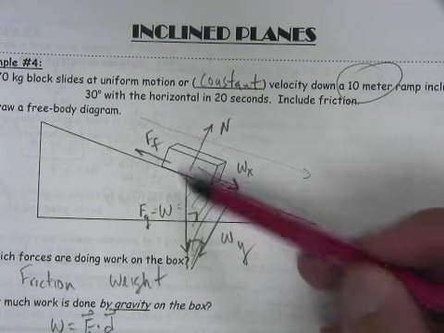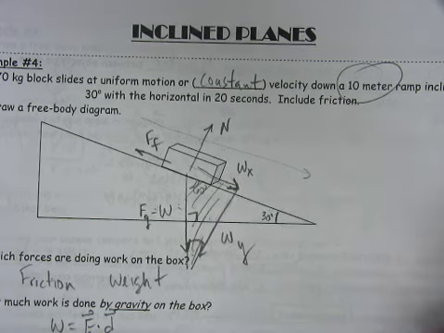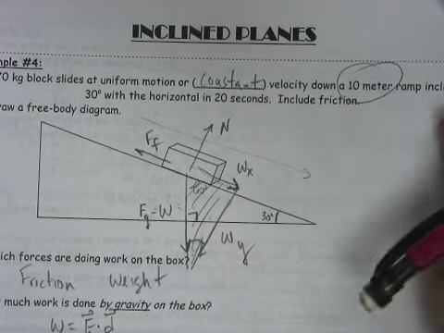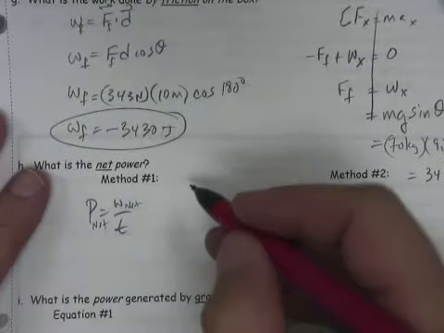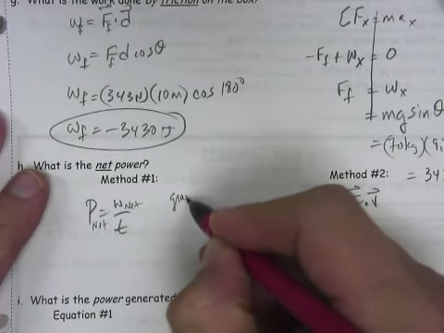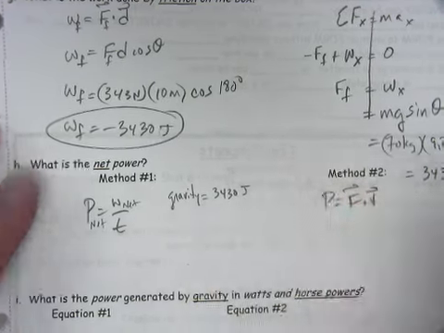So we need to find how much work the force of friction did, and how much work gravity did. We did gravity in part C. So gravity did 3,430 joules. Let's write that down over here so we'll keep a list. Work done by gravity was 3,430 joules.